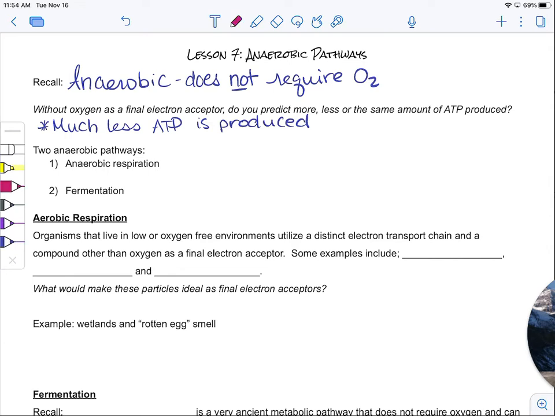Essentially, we still have an electron transport chain, but this time we don't use oxygen as the final electron acceptor. So we use another compound aside from O2, not O2, as a final electron acceptor.